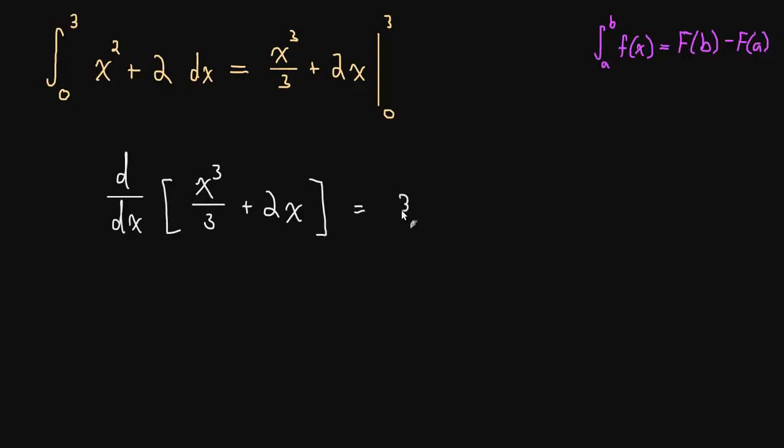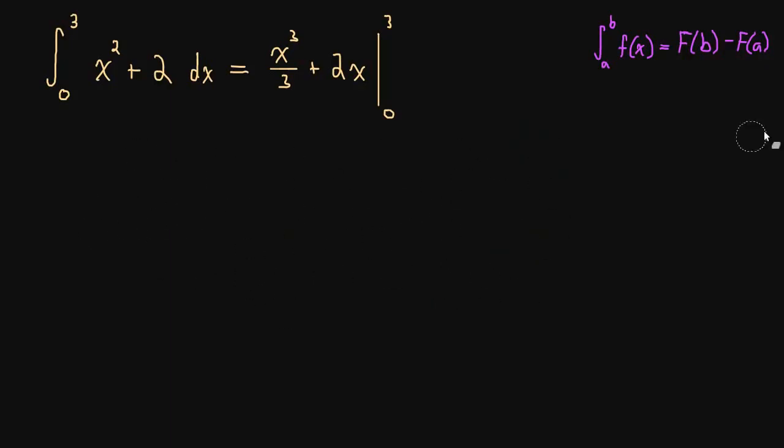So we would say, okay, this is 3x squared over 3, or in other words, just x squared. And the derivative of 2x, that'd be 2. So we do it piece by piece. So it shouldn't surprise you that when we're undoing the process, when we're taking an antiderivative, we can also do it piece by piece. Okay, let's look at some more examples here.